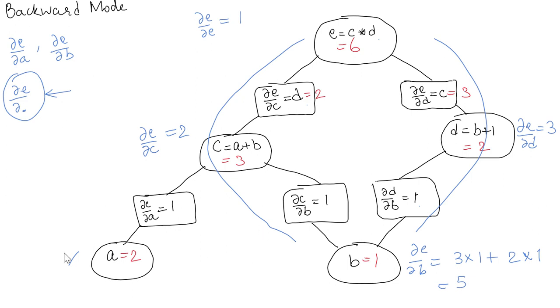But the amazing thing is, while doing this pass, we are performing one single pass on the computation graph from the output node to the input nodes. During this single pass itself, we can now compute ∂E/∂A as well. Again, applying the path rule, 2 into 1, we have is equal to 2. This can be verified from the forward mode differentiation that this value is the same.